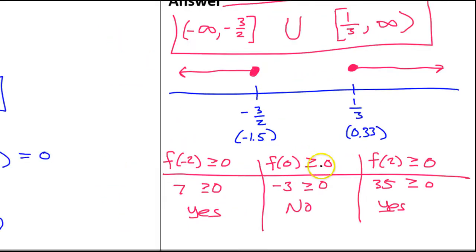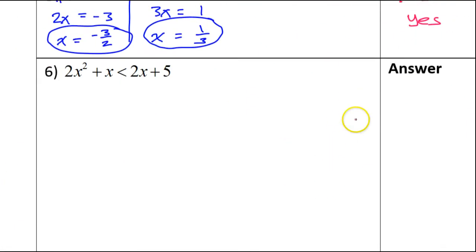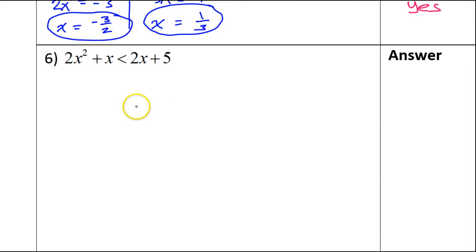Alright, let's do one more problem. Number 6. As before, our strategy will be to get 0 on one side first. So I'm going to subtract 2x from both sides. So far that will give me 2x squared minus x is less than 5.